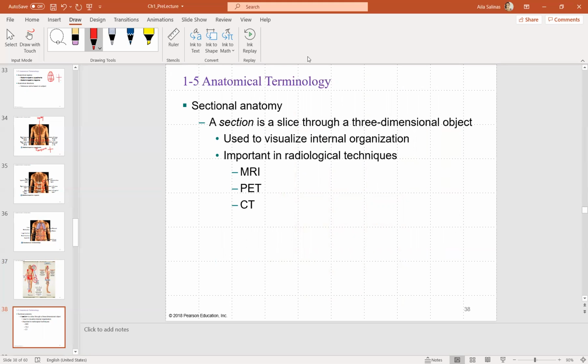So for the anatomical terminology or the sectional anatomy, we use simple abbreviations for the names.